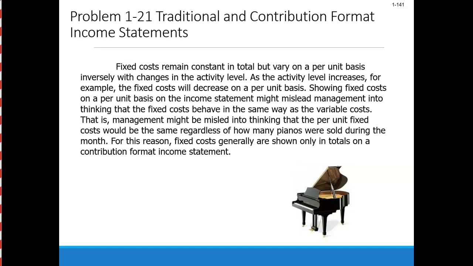As the activity level increases, the fixed costs will decrease on a per unit basis. Showing those fixed costs on a per unit basis might mislead management, thinking that those fixed costs behave in the same way as the variable costs behave. But the fixed costs don't behave that way. It's a flat amount no matter what's sold, correct? For this reason, fixed costs are generally shown only in totals.